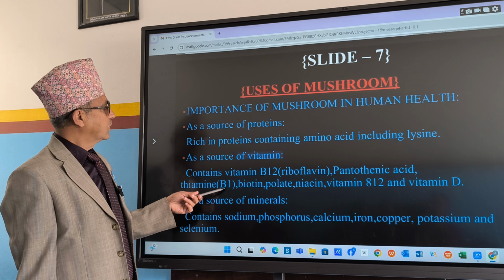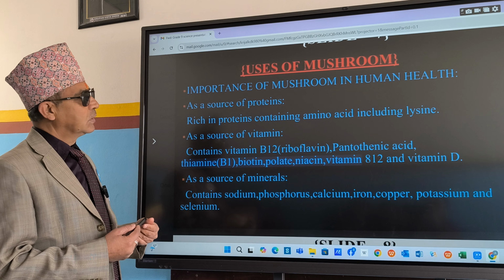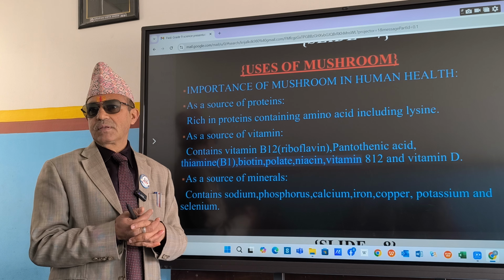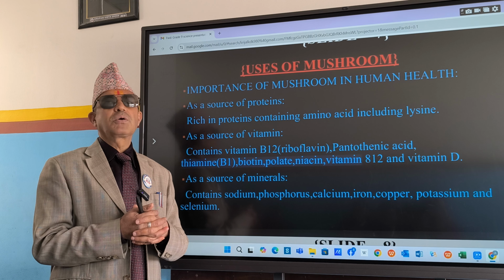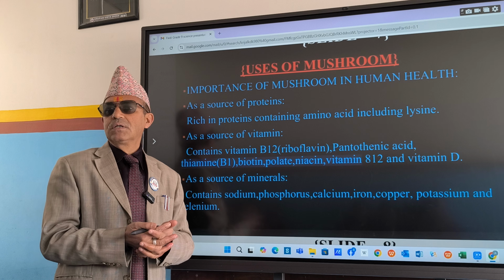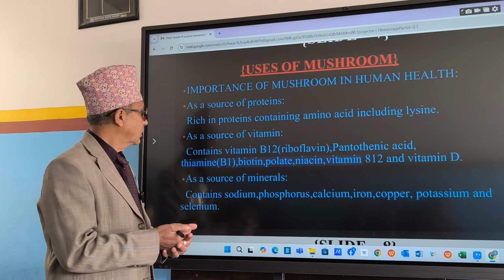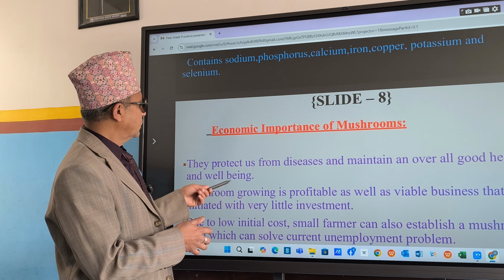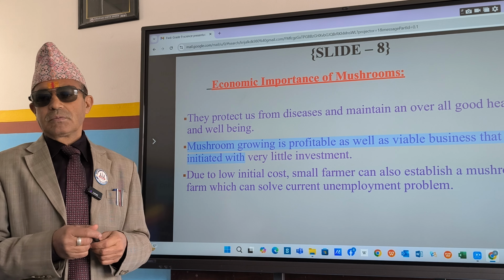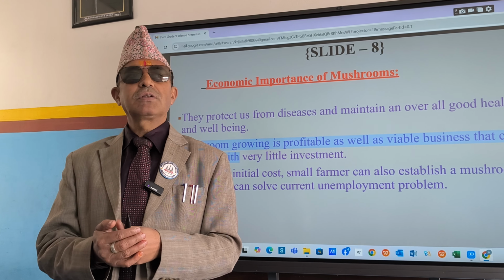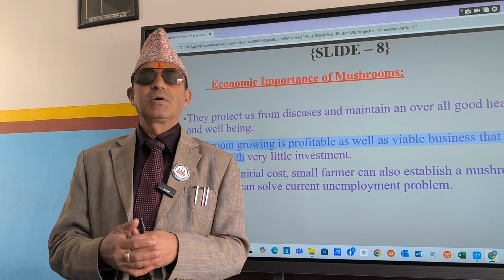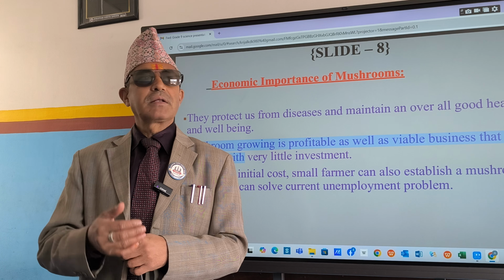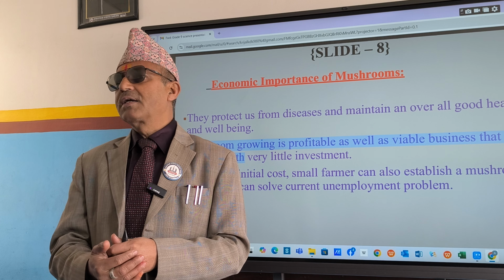Uses of mushroom. Mushroom is a main source of protein, vitamins, minerals, right? Carbohydrate is not present. Some amount of vitamins is present. Economic importance. Mushroom cultivation doesn't take a long time. Within 3 months, we can produce edible mushroom, and it is sold in the market easily.